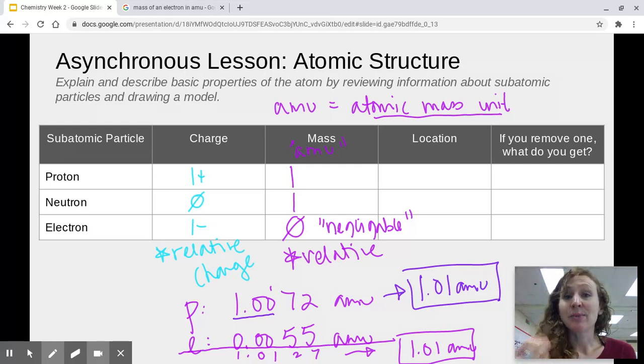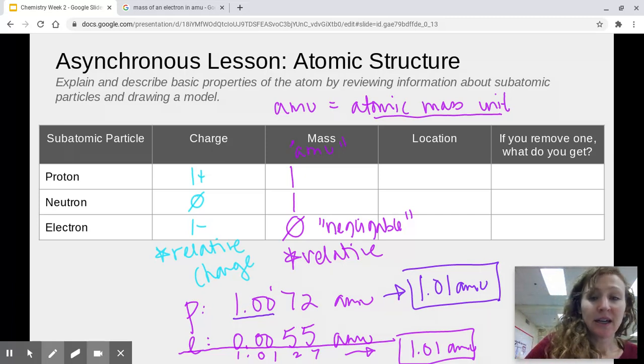The electron's mass is 0 when compared to a neutron or a proton. The electron is not actually massless. The mass of an electron is just not significant. It just doesn't make a difference until you extend the mass out far enough, like thousandths or the 10,000th place.